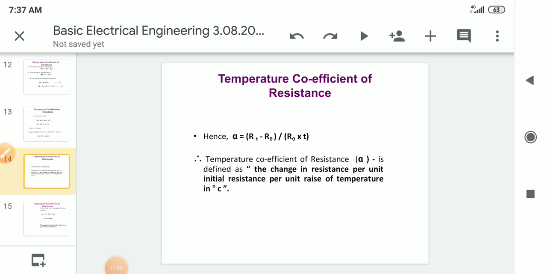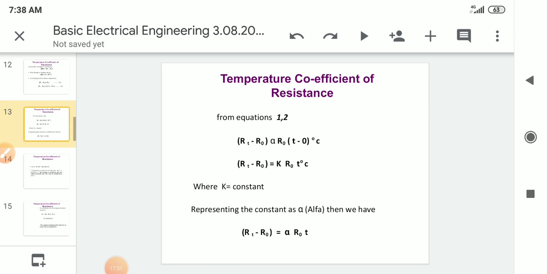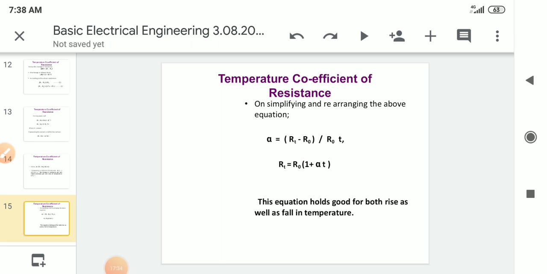For different materials, the temperature coefficient of resistance has different values. For every material it changes. Simplifying and rearranging this equation, we write alpha equals R_T minus R naught divided by R naught into T. This is the equation we write.